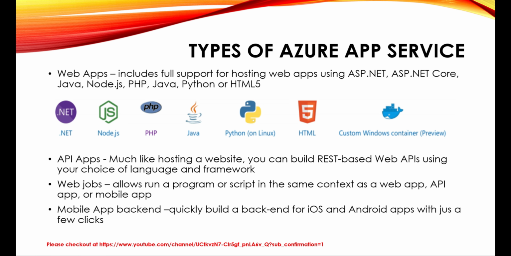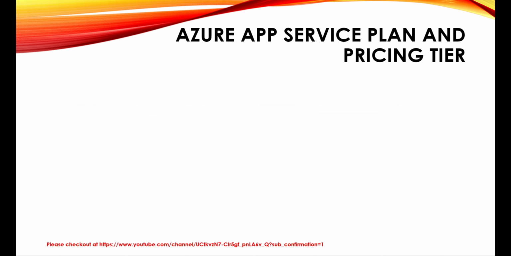On the mobile app side, there is SDK support for native iOS and Android or Xamarin and React Native apps. All right, so let's talk about the plan of Azure app as well as the pricing.